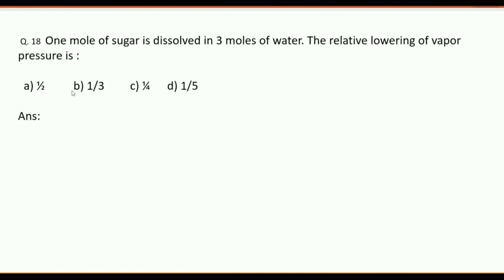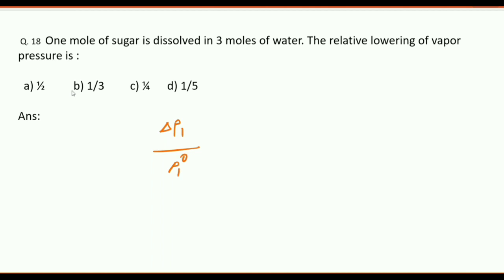Now 18th question: 1 mole of sugar is dissolved in 3 moles of water. The relative lowering of vapor pressure is 1 by 2, 1 by 3, 1 by 4, or 1 by 5. So what is relative lowering of vapor pressure? Relative means it is comparing. So the relative lowering of vapor pressure is delta P1 divided by P1 0, which means standard.